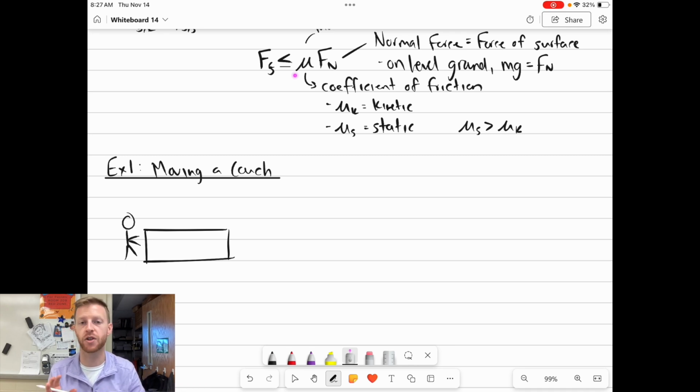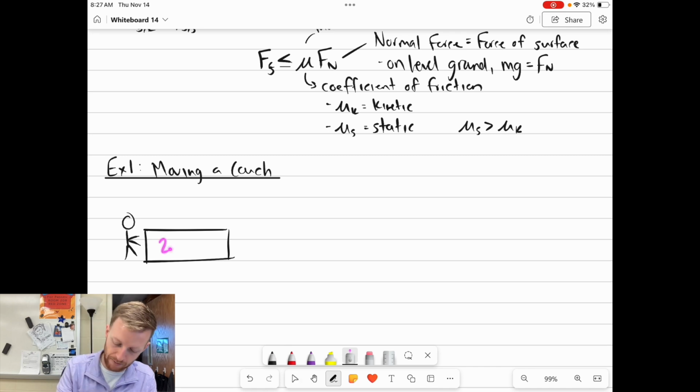So static friction is known as a smart force. If I'm pushing on an object and it's not moving, it's going to push back with the exact same amount of force in friction to stop it from moving until I break static friction. So let's say the mass of our couch is 200 kilograms, and mu k here is going to be equal to 0.25, and mu s is equal to 0.4, which is another note we want to make: mu is always less than 1.